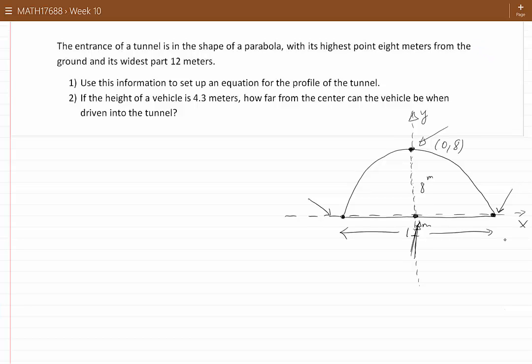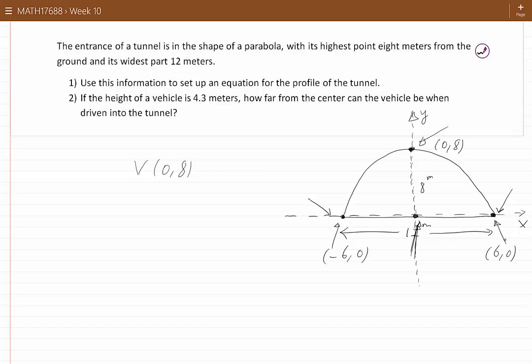Also, the coordinates for the point at the far right are x equal to 6 and y equal to 0, and the coordinates for the point at the far left are -6 and 0.